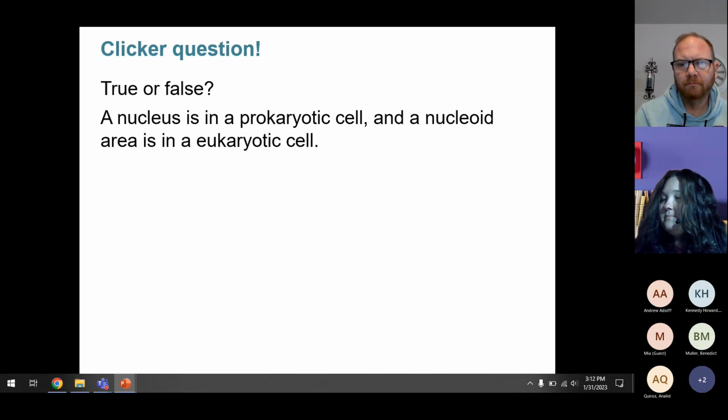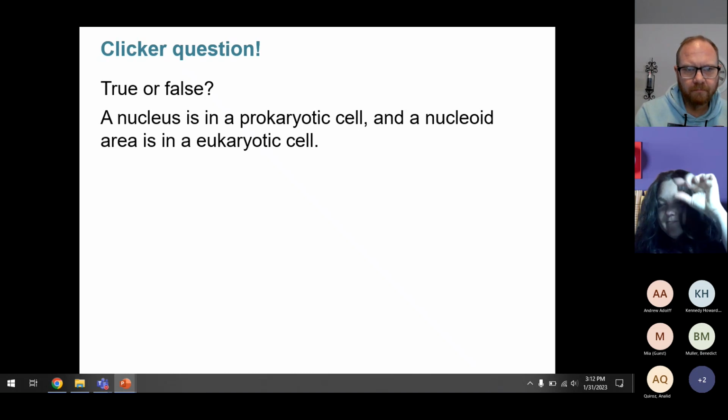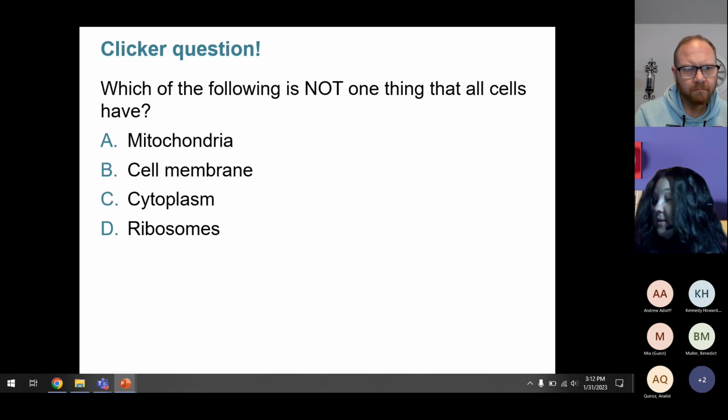False. All right, excellent. 83% chose false. Very good. A nucleus is actually in a eukaryotic cell, and a nucleoid area is in a prokaryotic cell.